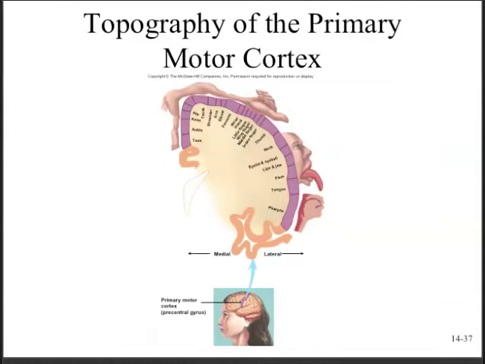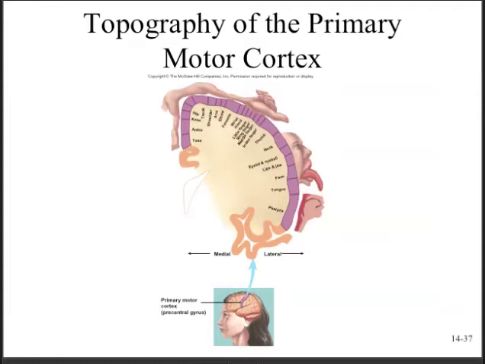And so what you're looking at here is just the motor homunculus. This is the motor counterpart to the sensory homunculus, and what you can see, again, is that the proportions on the motor homunculus on the precentral gyrus are not proportional to our body dimensions.